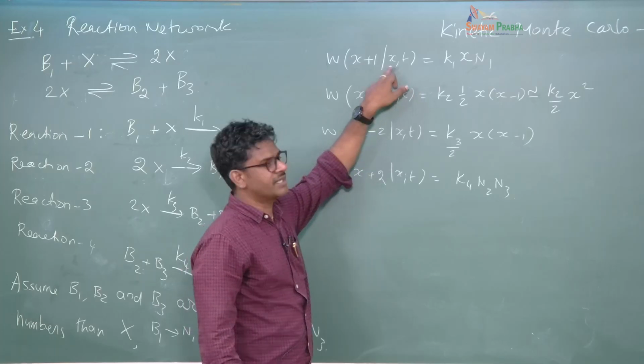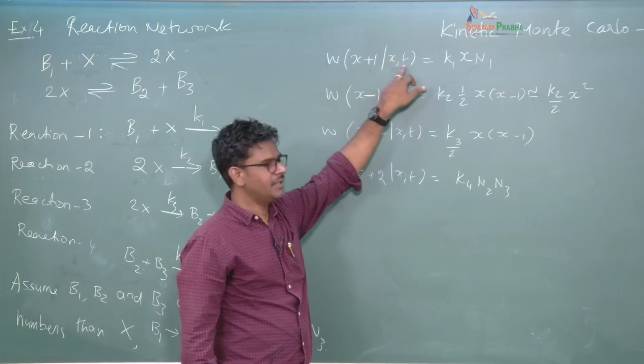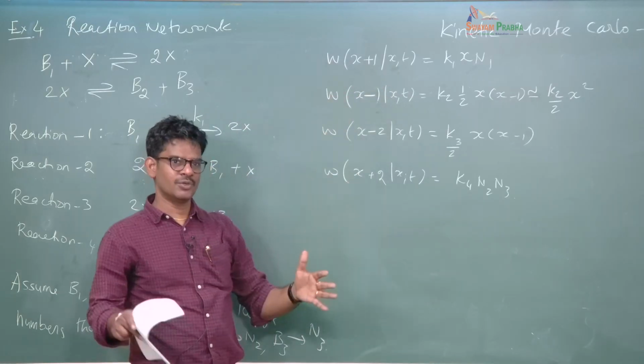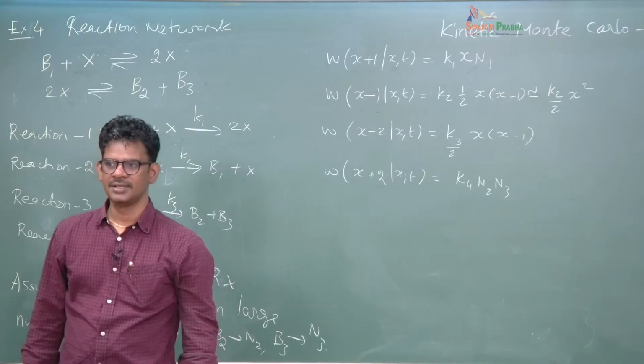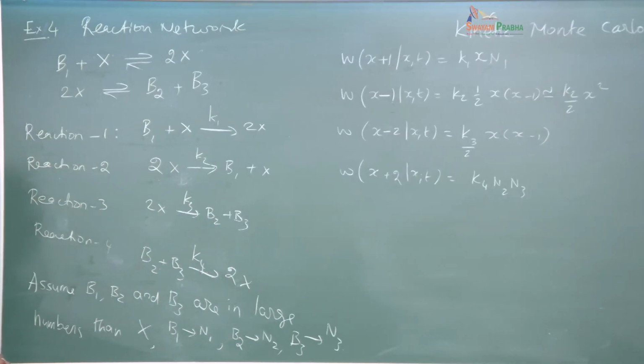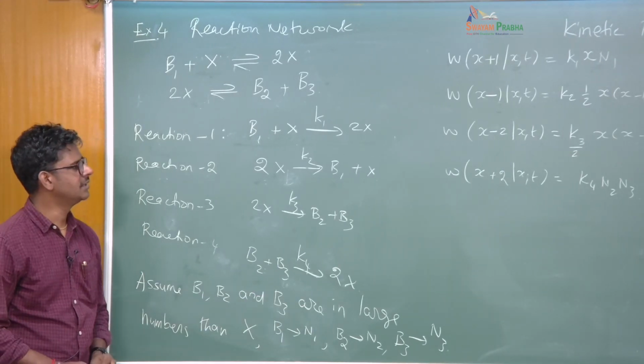We not only say X comma t, we also say what is the number of molecules of B1, B2, B3 and how they change when this event happens. So you can accumulate other variables also if you like. But here we are assuming B1, B2, B3, all of them are constant.